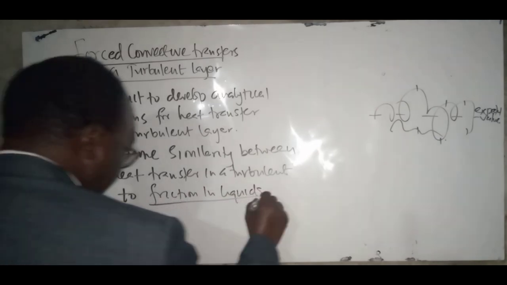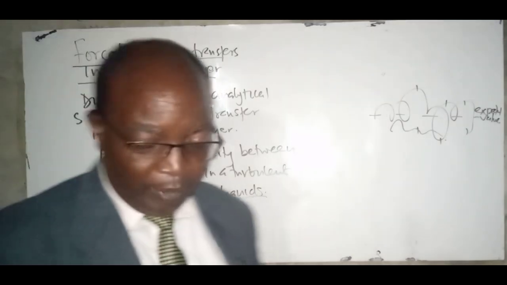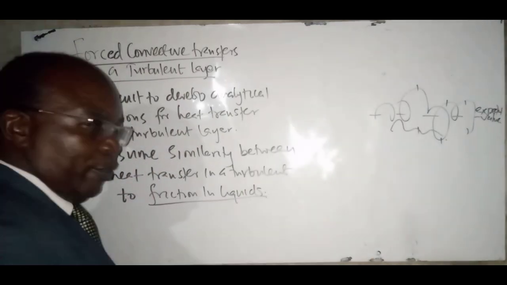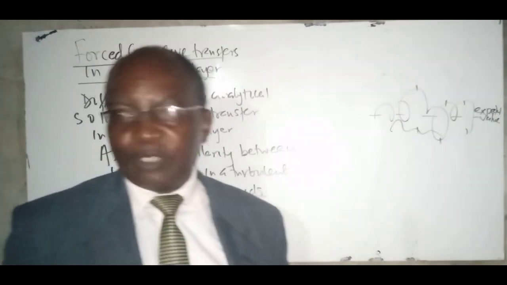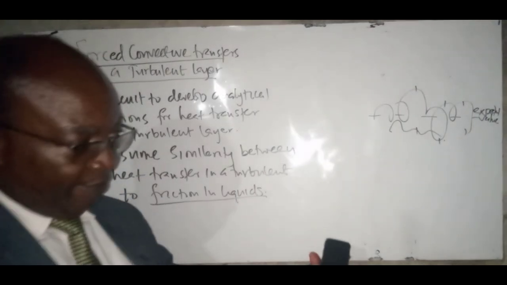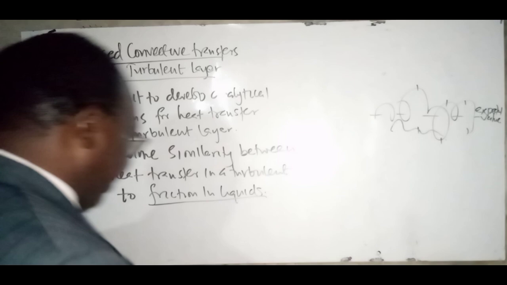Now, when you take that assumption, that it could be related to friction in liquids, then it means that probably you can get some solutions based on hydrodynamic measurements, like, for example, the viscous drag of that fluid on a surface.